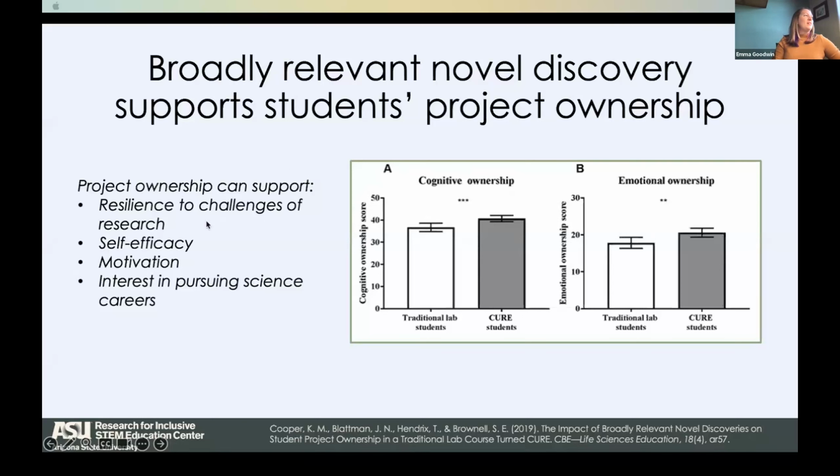And this is important because project ownership can support students' resilience to challenges of research and failure in research. It can support students' scientific self-efficacy, motivation, and interest in pursuing science careers. So many benefits from real research.